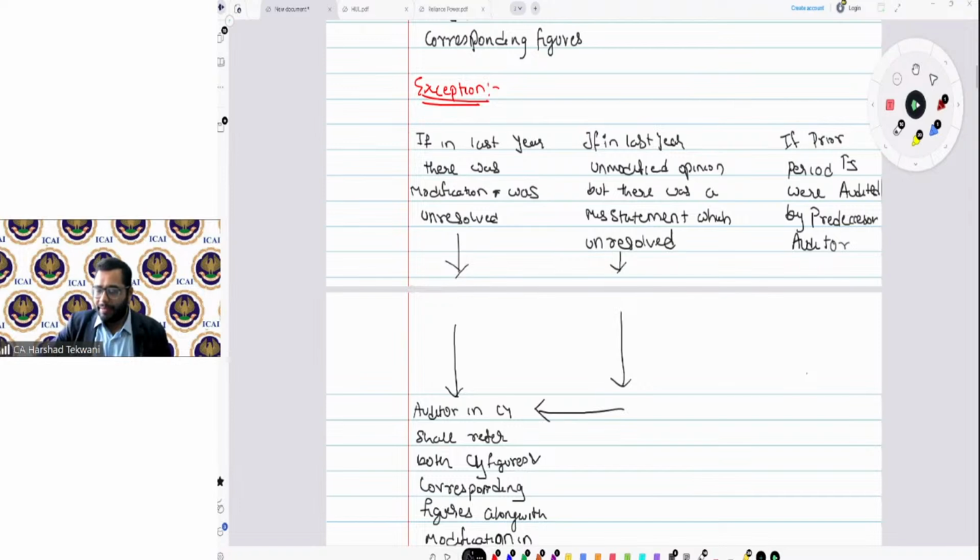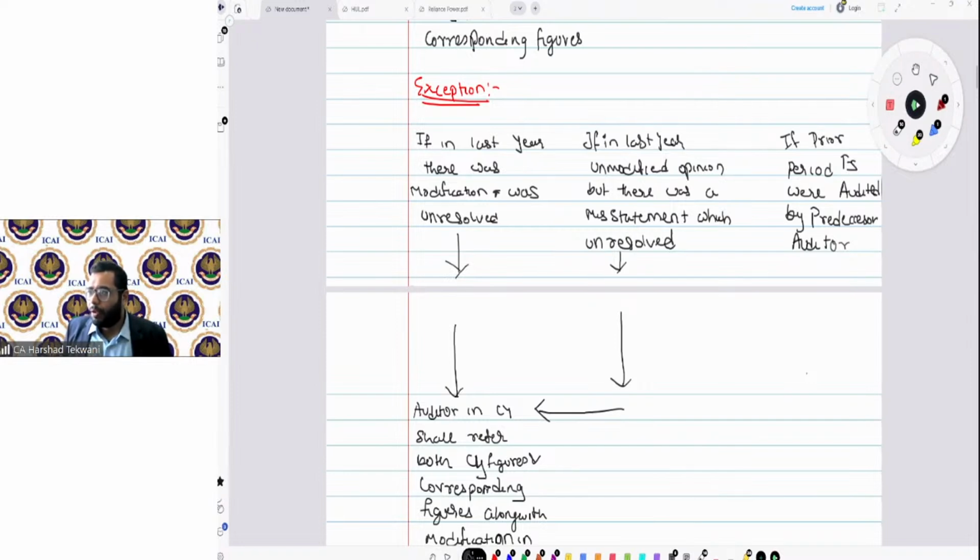Now, if that is the case, what is required to be done, and how will that impact this? This particular standard requires us to report and disclose some additional information.